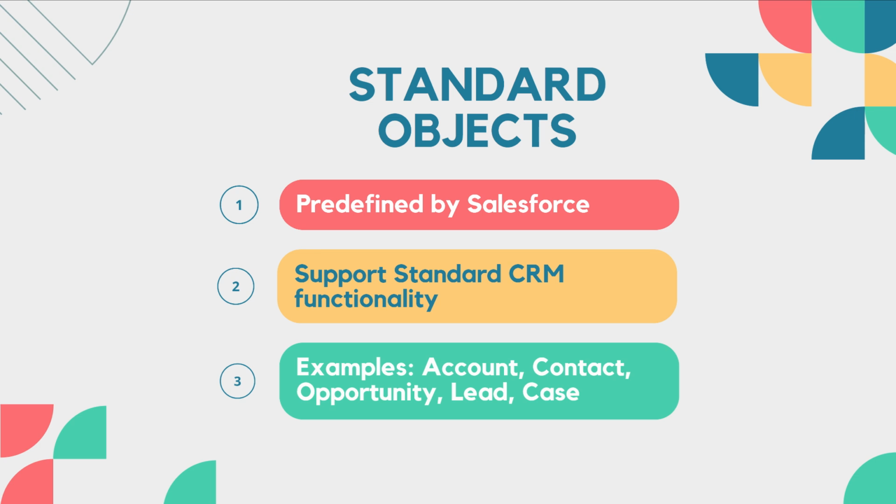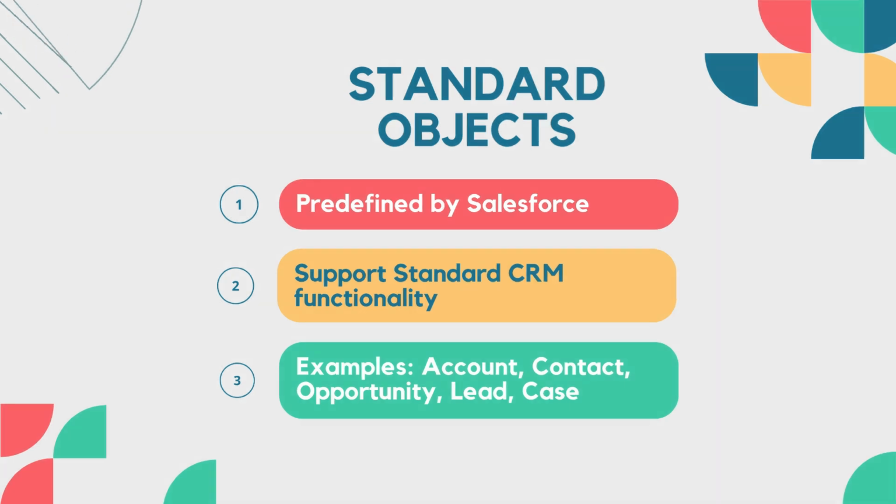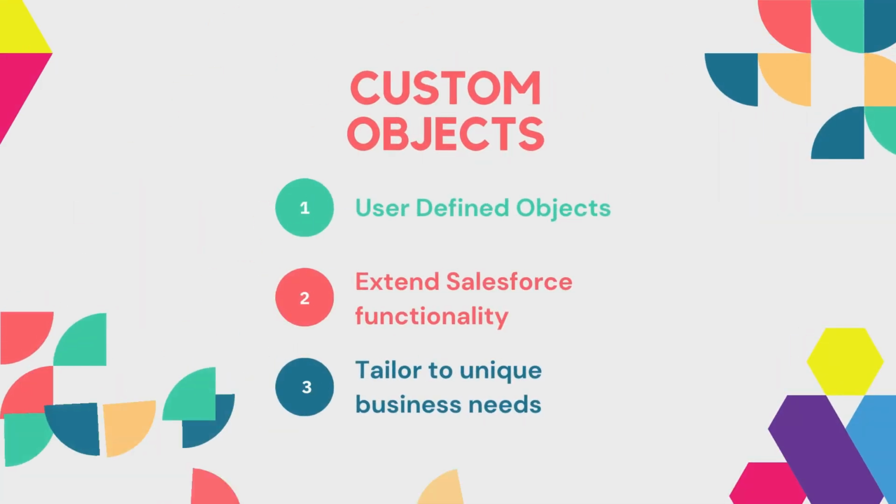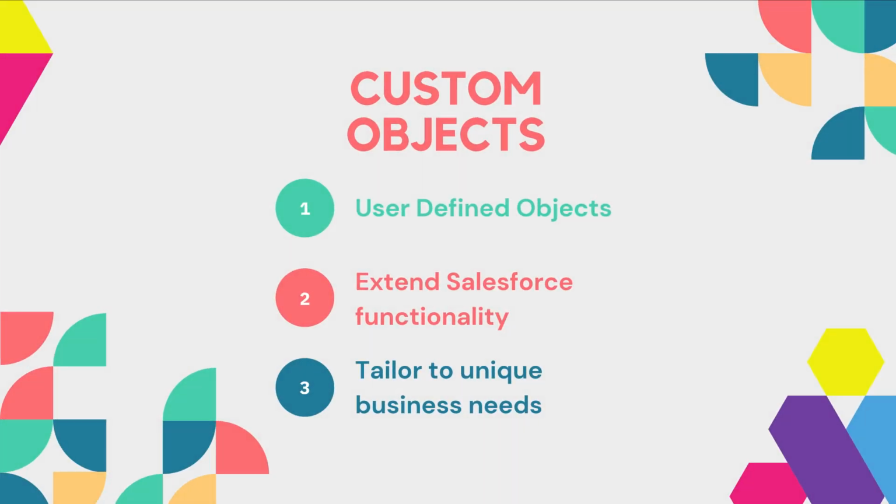Now that we have a good understanding of standard objects, let's move on to the custom objects. Custom objects are user-defined objects that we create to meet our unique business needs. They allow us to extend Salesforce's functionality beyond what is provided by standard objects.